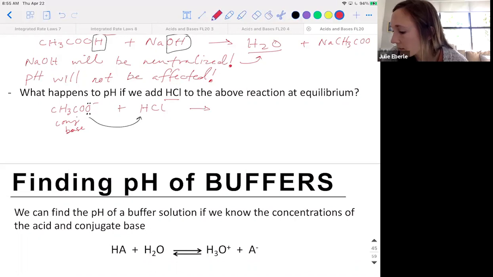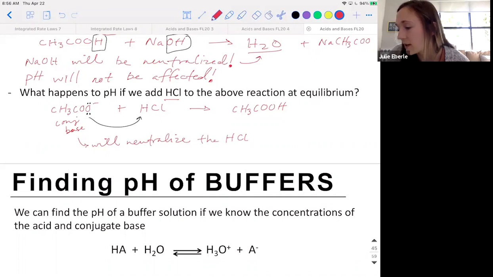And it will make CH3COOH. It makes more of your weak acid component. Remember, we said the concentration of the weak acid goes up. It makes more weak acid, so it's neutralizing. So the conjugate base will neutralize the HCl.